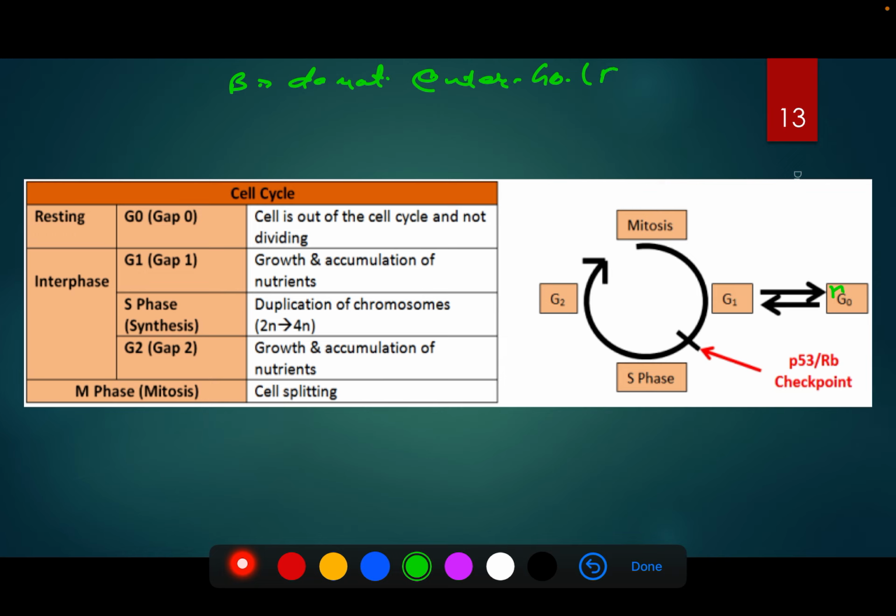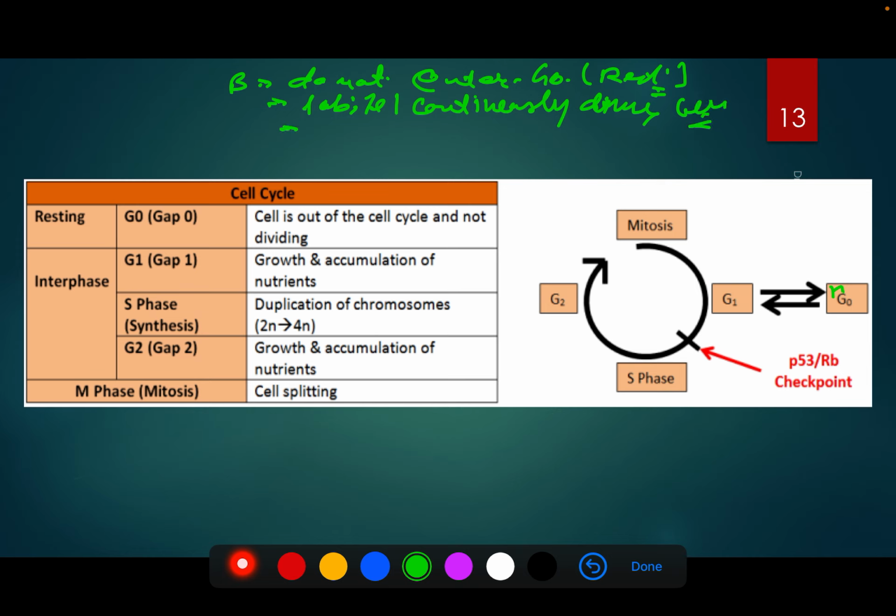That means they never rest. They are continuously dividing. So those cells which are continuously dividing are also called the labile or continuously dividing cells or tissues. Is that okay?